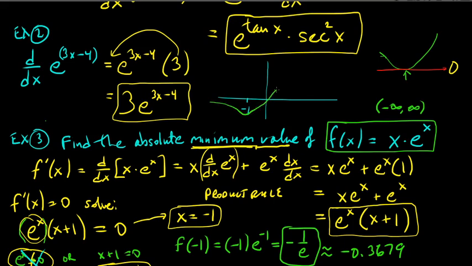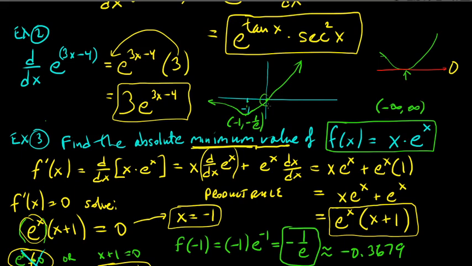And then it just increases from there. So you do get a relative minimum and an absolute minimum. It's both a relative minimum and an absolute minimum. And x is -1 and y is -1 over e, which is negative.